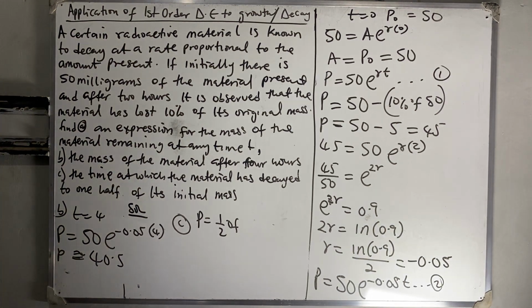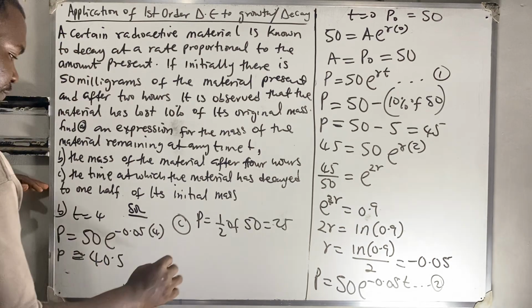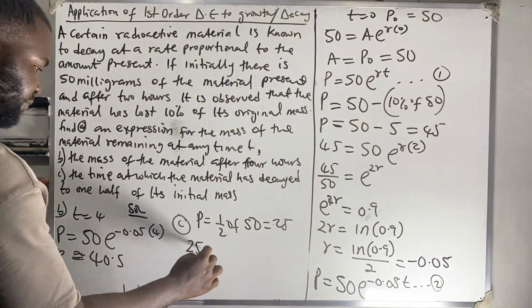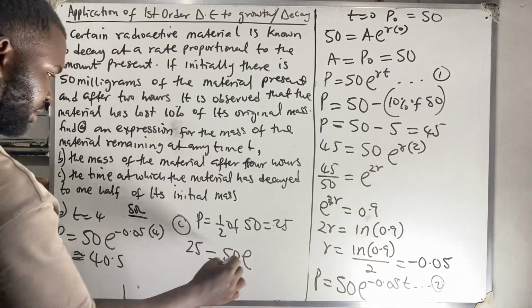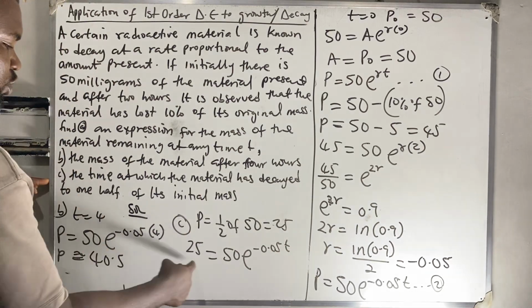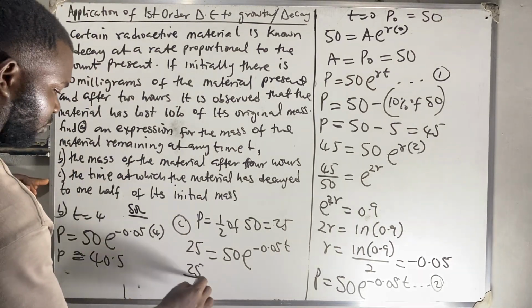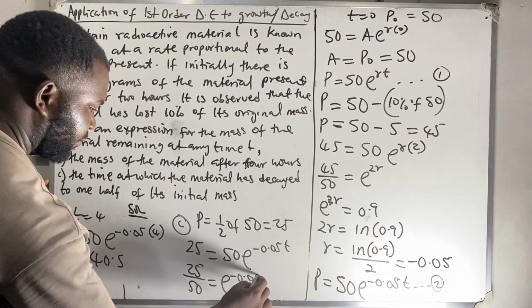So half of 50 is 25. So I'm going to have 25 is equal to 50 exponential minus 0.05t, and we are looking for t. So this will come down to 25 over 50 is equal to exponential minus 0.05t.